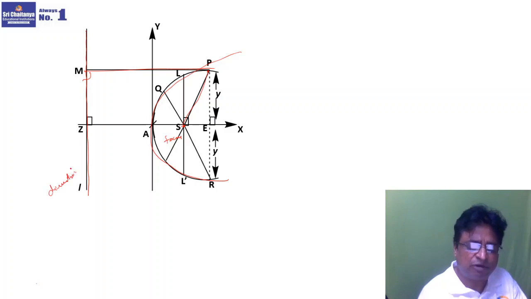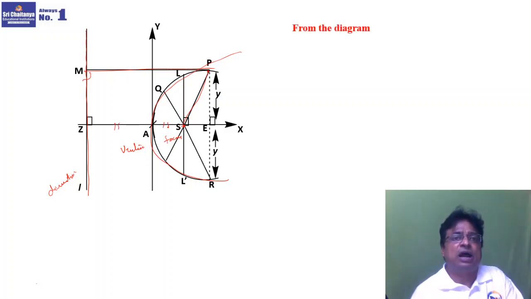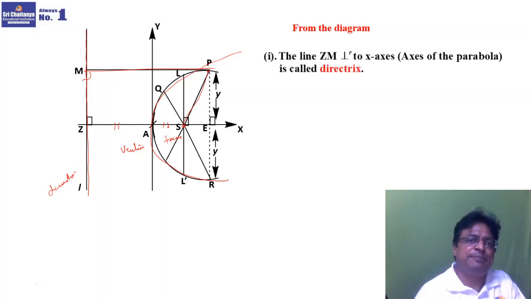This we already learned in the beginning. This is the directrix, this is the focus, this is the variable point, and this A is called the vertex, and it is the midpoint of S and Z. From this diagram, see the observations one by one, you will get a complete idea.